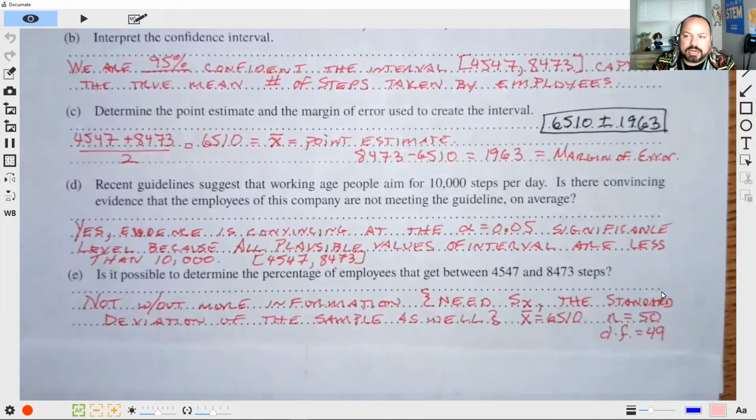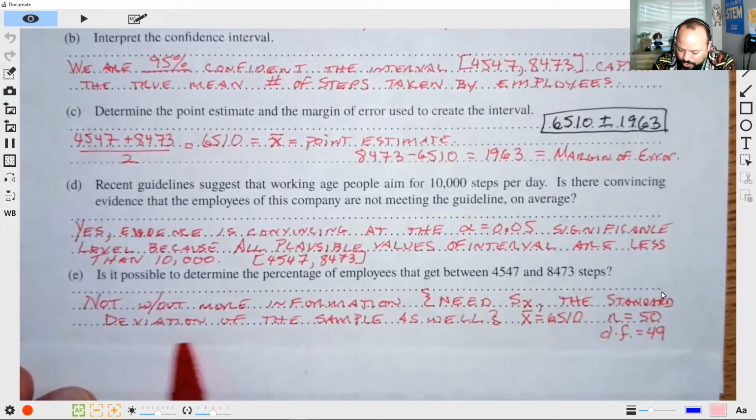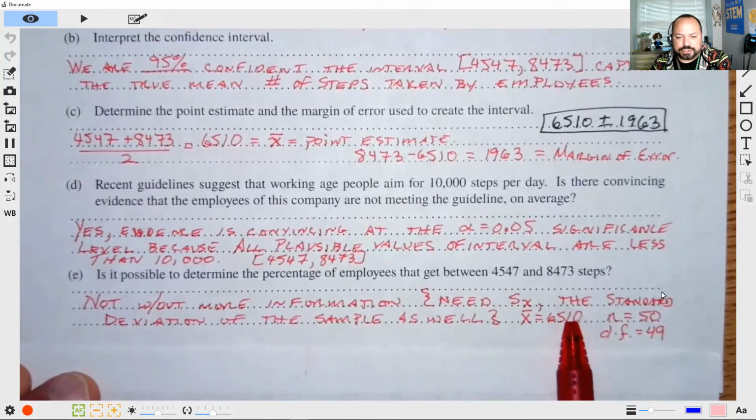It is not 95%, right? 95% refers to our approach to building the interval based on a particular sample. It does not represent the probability of having my employees within that interval. So be sure that you understand that distinction.